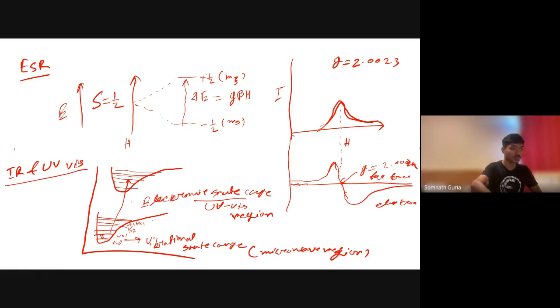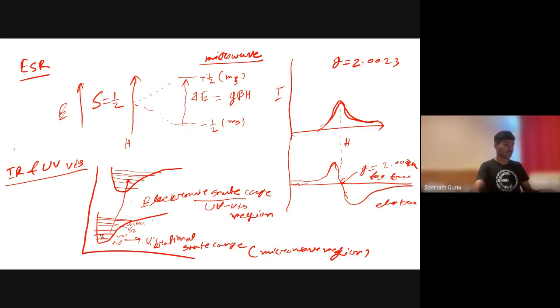And also EPR, this energy, the h nu, is actually happening in the microwave region. So the vibrational energy is in the infrared region, and the electronic state change requires the UV region.